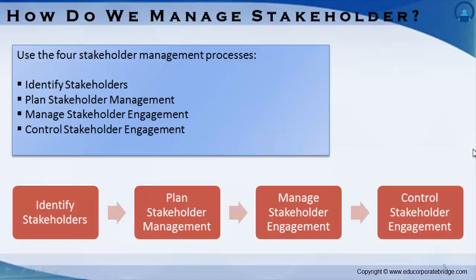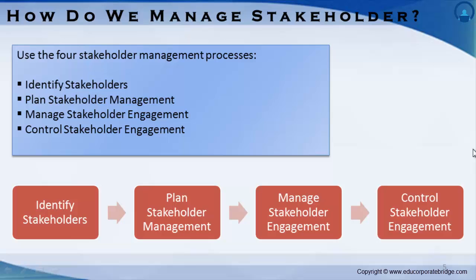Fourth, control stakeholder engagement. It is the process of monitoring overall project stakeholder relationships and adjusting the strategies and plans for engaging the stakeholders effectively. Out of these four processes, identify stakeholders is a part of initiating process group.